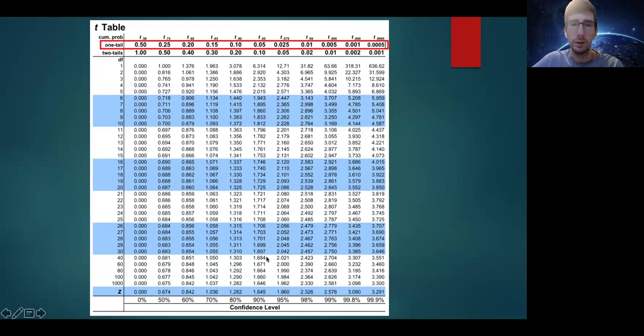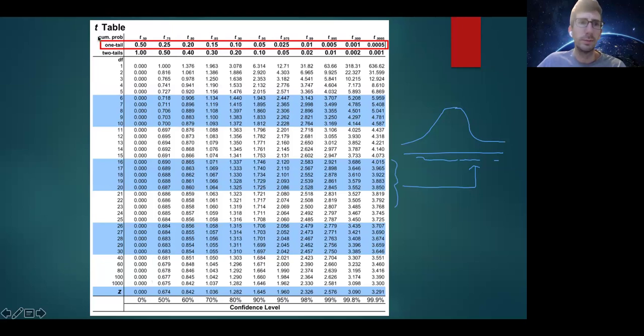So hopefully that just reminds you that these are actually T values along the x-axis of our T distribution. These guys are values along here. They are not areas under the curve.